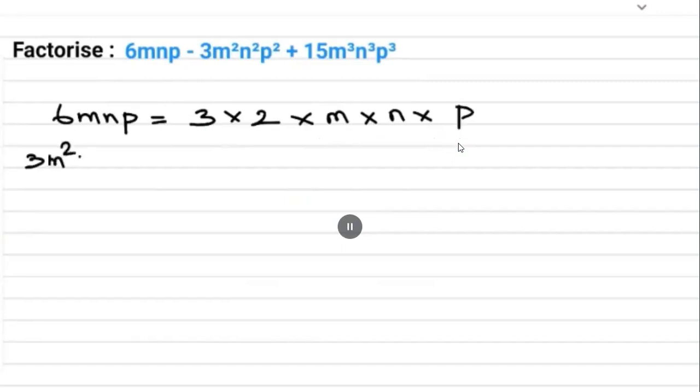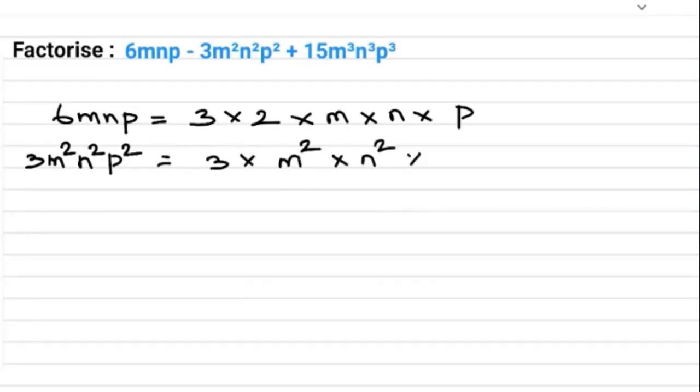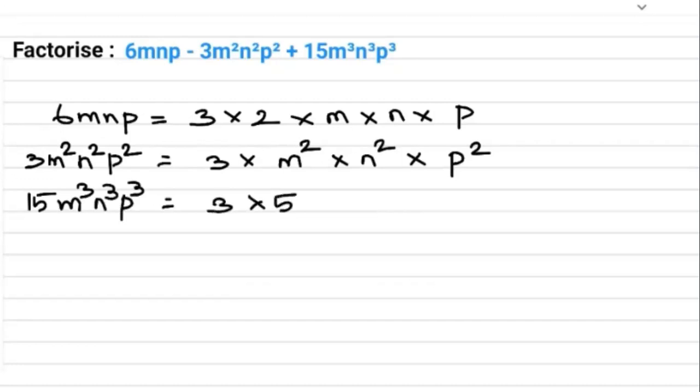Next, 3m squared n squared p squared, which is equal to 3 into m squared into n squared into p squared. Next, 15m cube n cube p cube. 15 can be written as 3 into 5 into m cube into n cube into p cube.